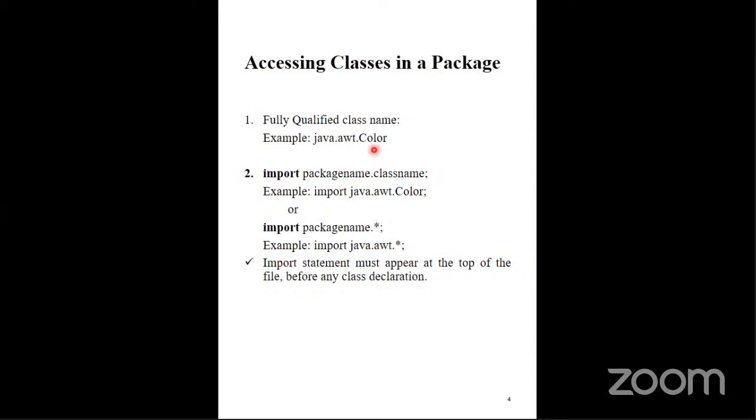Suppose here, instead of only the color class, if I want to access all other classes from within the AWT package, then I can write import java.awt.*, which allows me to access any class which is available in the AWT package. This import statement must appear in the beginning of the Java program. Before you write anything else, before you declare any particular class within your program, the very first statement should be the import statement. All right, fine.